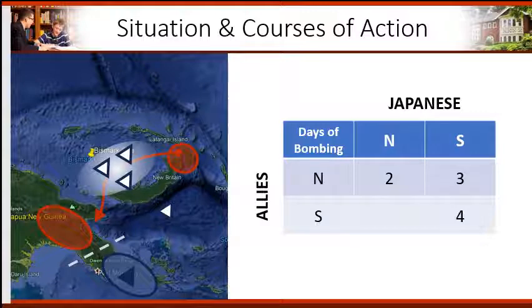Now, the next best for the Americans would be if the Japanese went north and the Americans correctly guessed north, but due to this cloud cover, it was still somewhat difficult to detect the convoy. So this would result in 2 days of bombing.